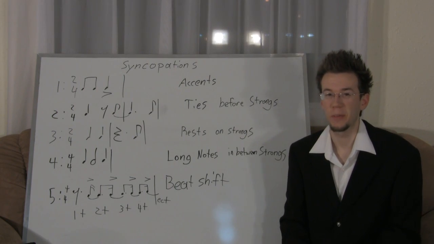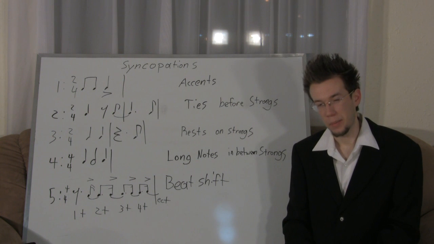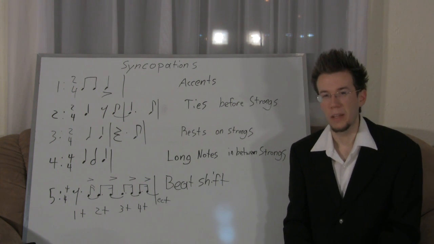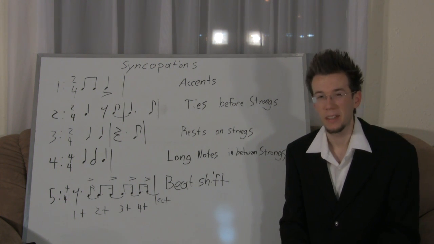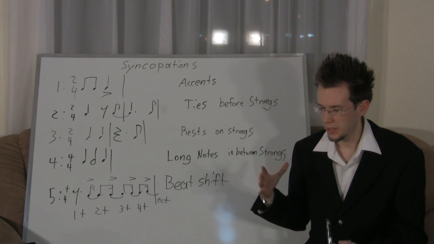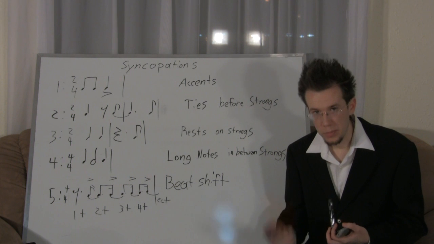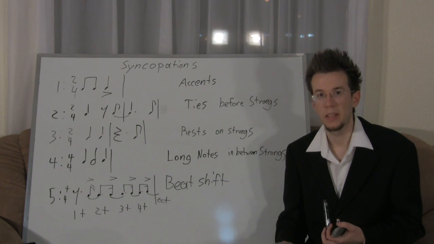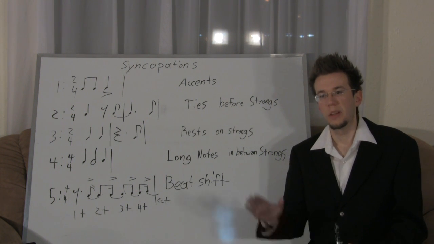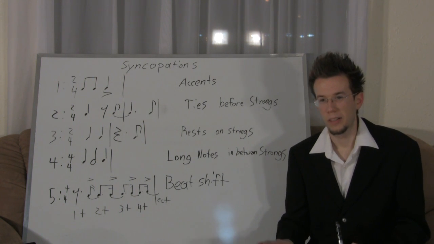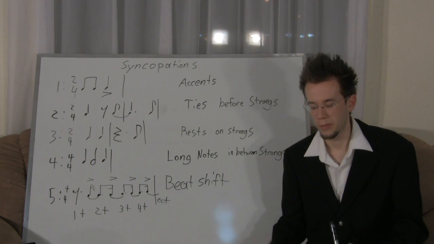Next is the syncopations. Alright guys, so the next thing we're going to look at here is syncopations. Syncopation is basically this: imagine you're expecting some sort of beat pattern like strong, weak, medium, weak, strong, weak, medium, weak, right? And so you're expecting the strong beat to be strong and the weak beat to be weak and so on and so forth.